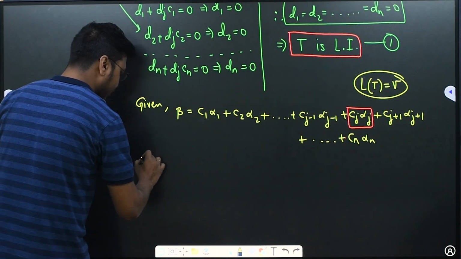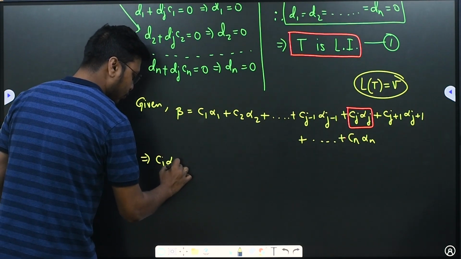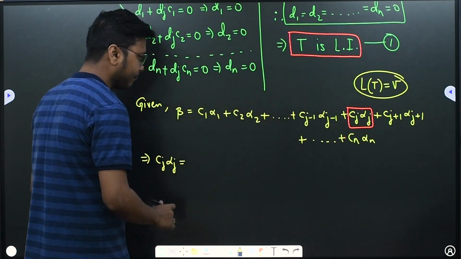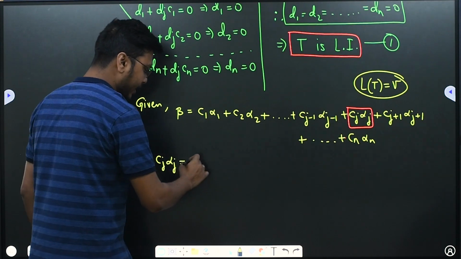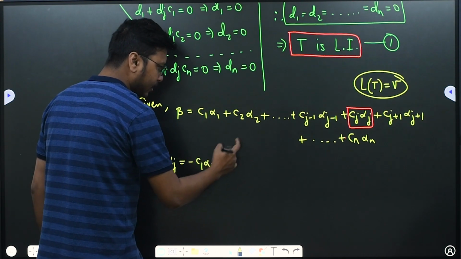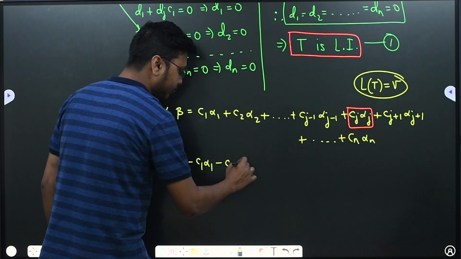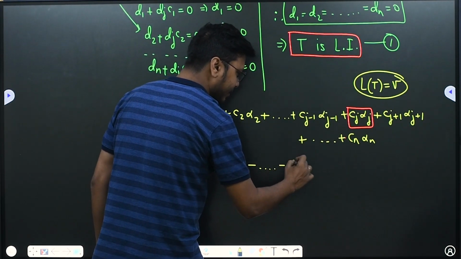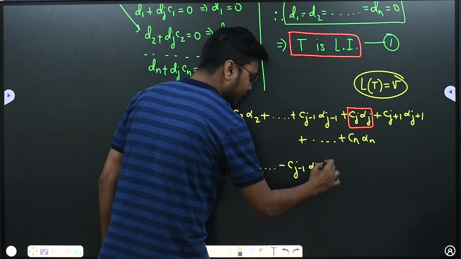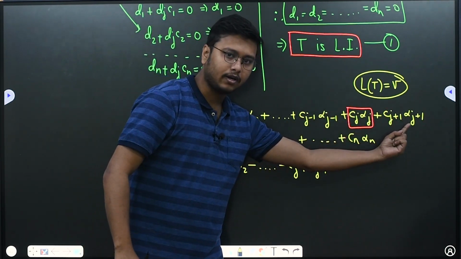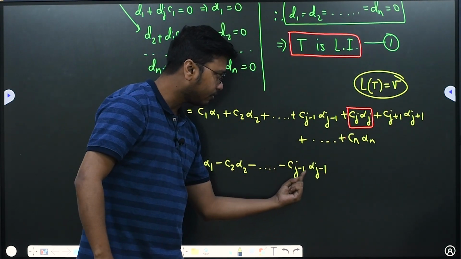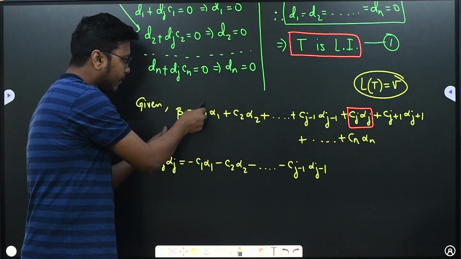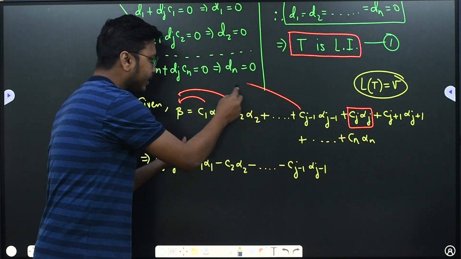That means I want to keep cj alpha j on one side of the equation and take everything else to the other side. So if I take c1 alpha 1 to the other side, I will have minus c1 alpha 1, then the next one would be minus c2 alpha 2. Like this it would go on up till cj minus 1 alpha j minus 1. Then, instead of jumping ahead, I will now write the beta element. So I'm bringing all the elements one by one to the left.